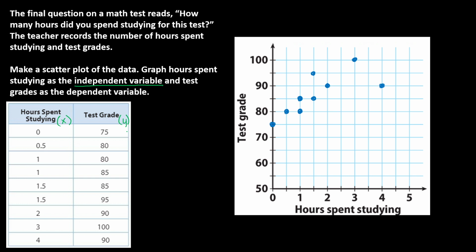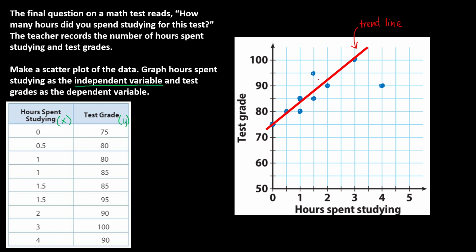And then I'm also going to try and fit a trend line to this data. And that's about what my trend line would look like. Again, the big bold red line is what we call a trend line. It's the line that best fits the data.